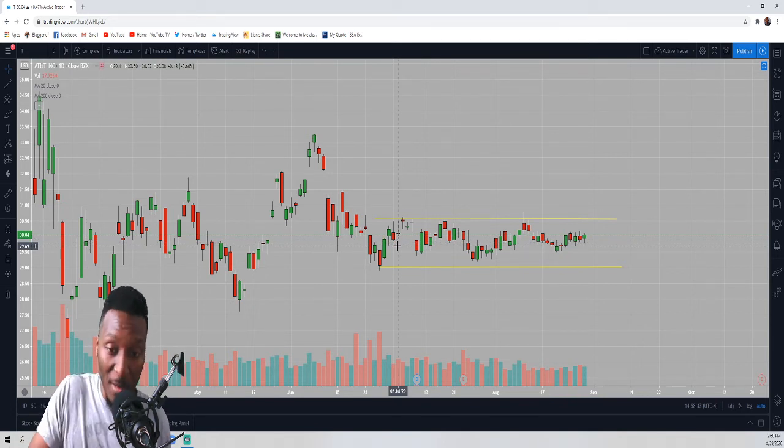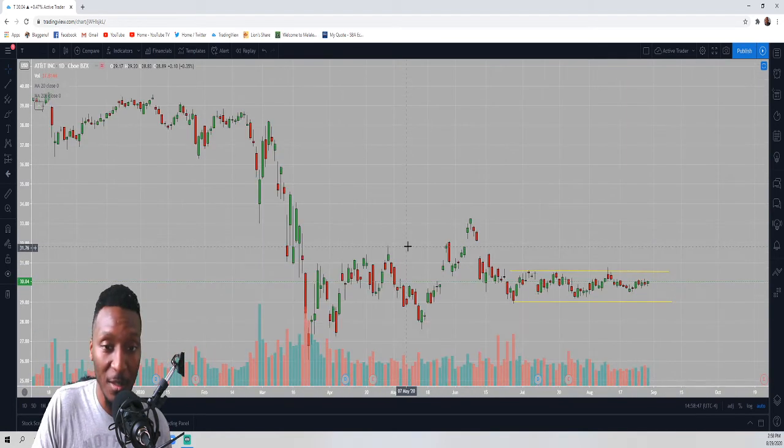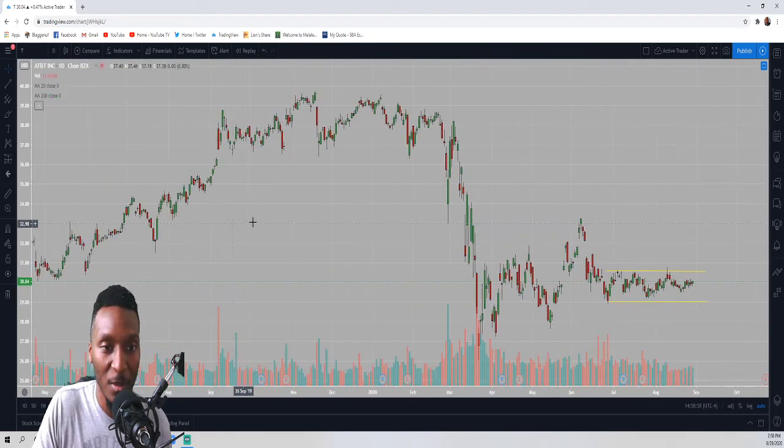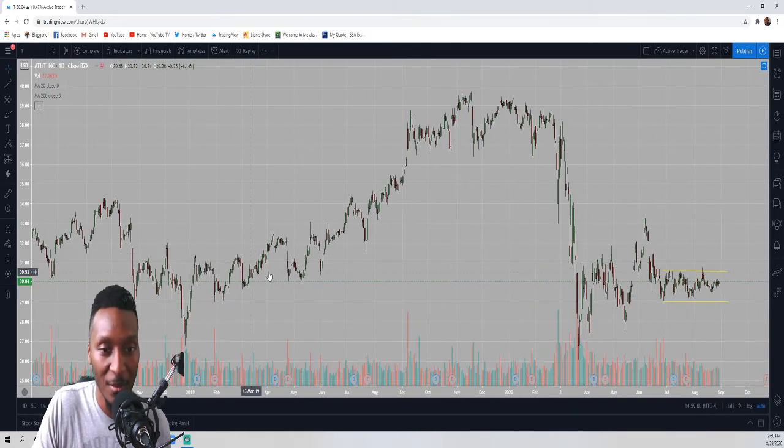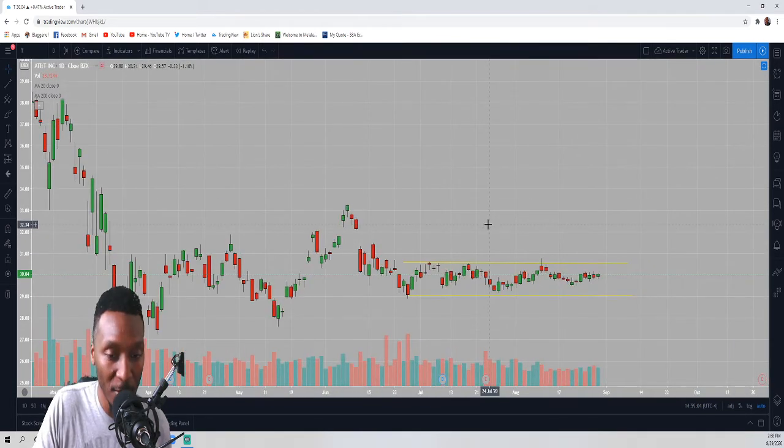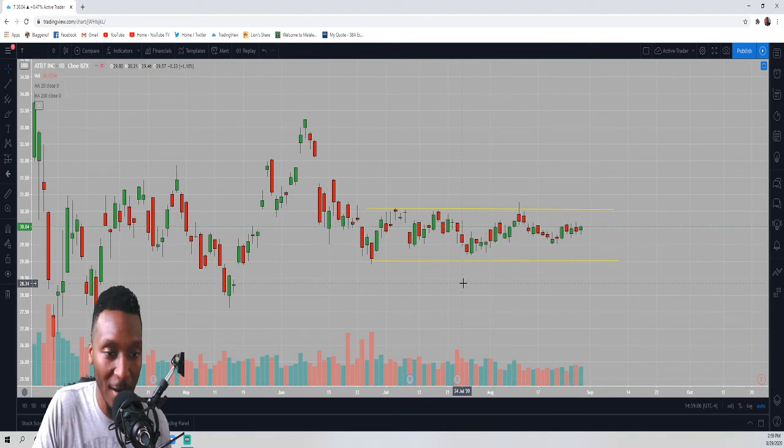So you got contraction. Whenever you get contraction, look right here. Contraction, contraction, expansion. Boom. You got it expanded. You get your contractions, and then you get expansion. If I put Bollinger Bands on here, you will see the contractions.